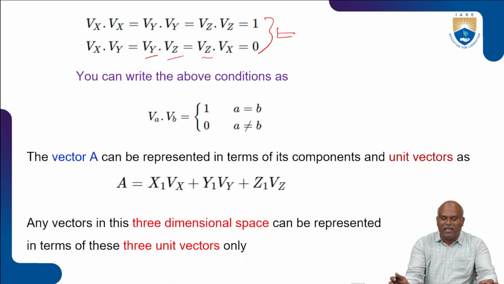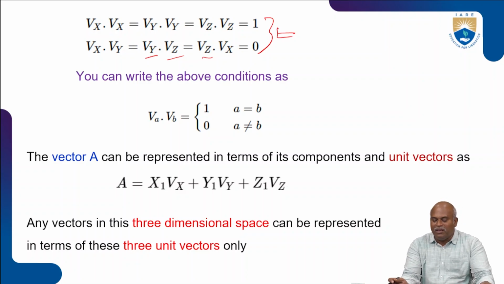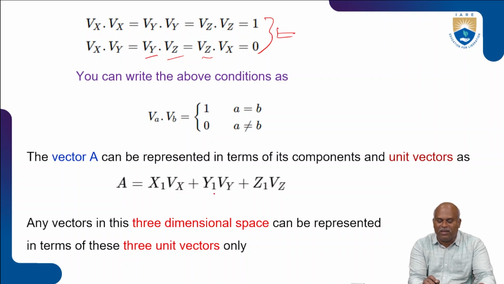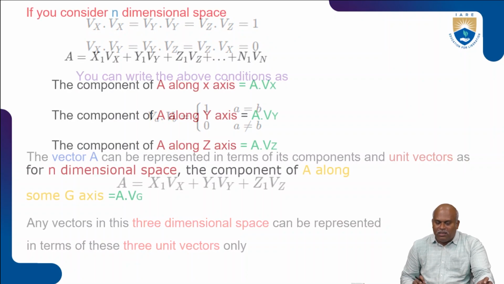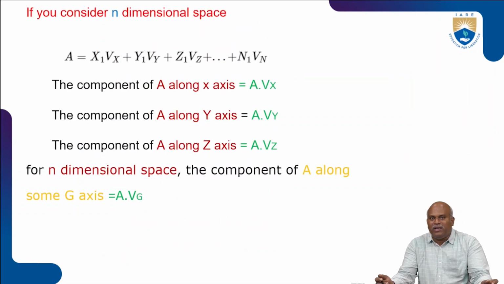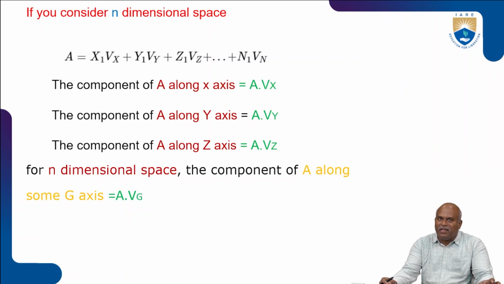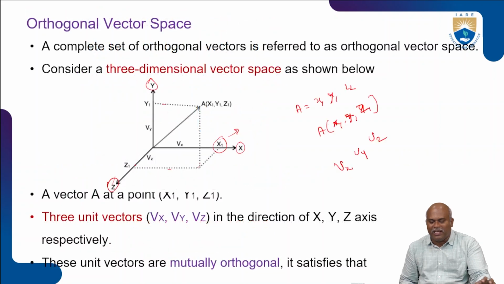Now, a vector A can be represented in terms of components along the unit vectors as A equals x1 Vx plus y1 Vy plus z1 Vz. Any vector in three-dimensional space can be represented in terms of the 3 unit vectors only. If you consider n-dimensional space, here we have taken only 3 dimensions based on the x, y, z directions.